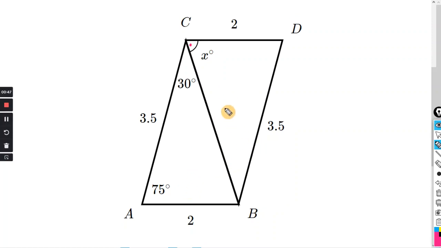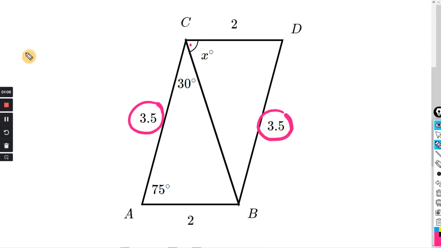In this case, we can find which angle this is congruent to by matching it with corresponding congruent sides. I can see this side right here is 3.5, and so is this side right here.